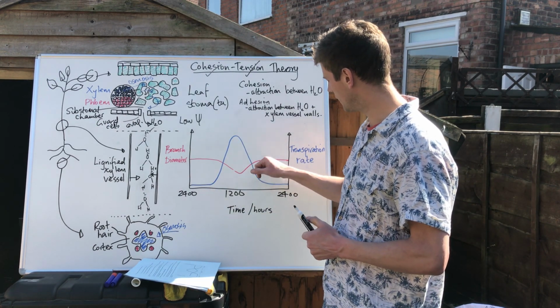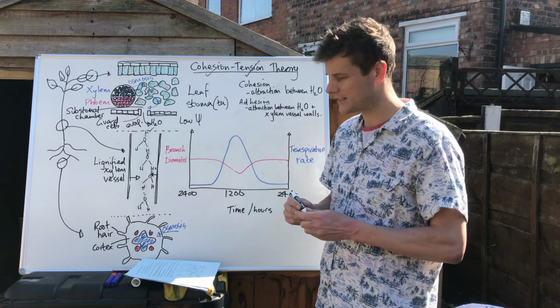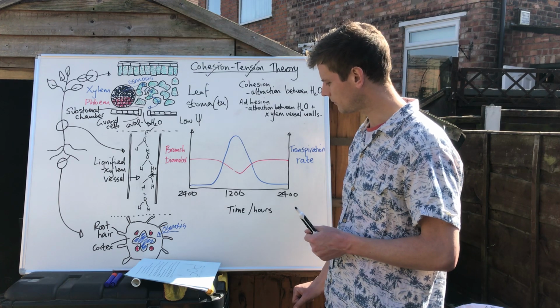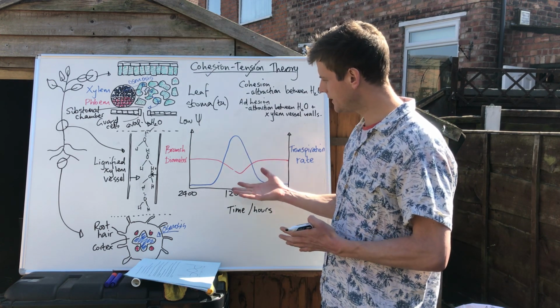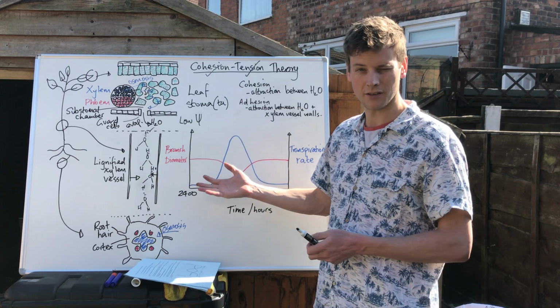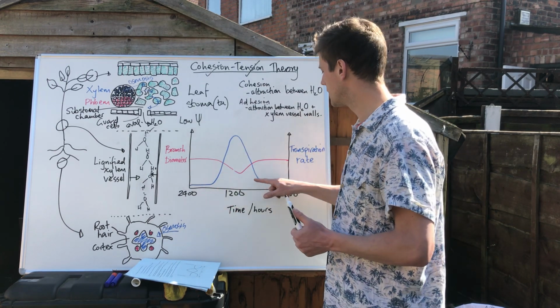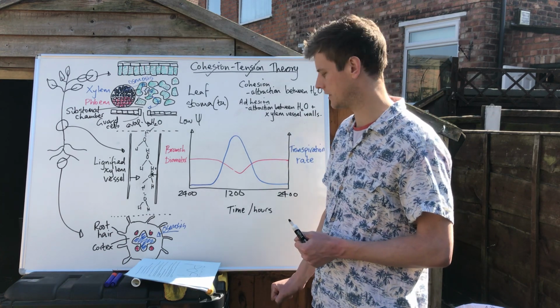During the warmer hours, where the transpiration rate is greater, the diameter of the branch becomes lower. This is the evidence that you may be asked for, or you may need to interpret in an exam question.